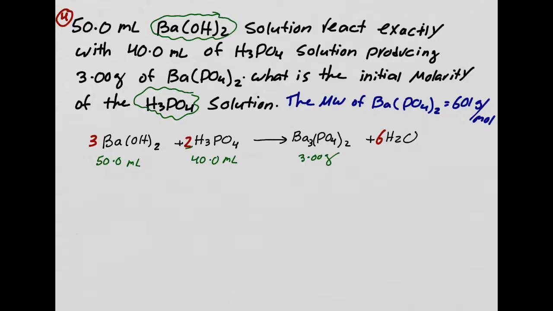Now the question is, what was the initial molarity of the phosphoric acid? I want to make sure you really understand the question. So you're going to add these two solutions together and it's an exact amount. Basically, I'm going to add barium hydroxide to enough phosphoric acid that every single one is going to react and form barium phosphate.